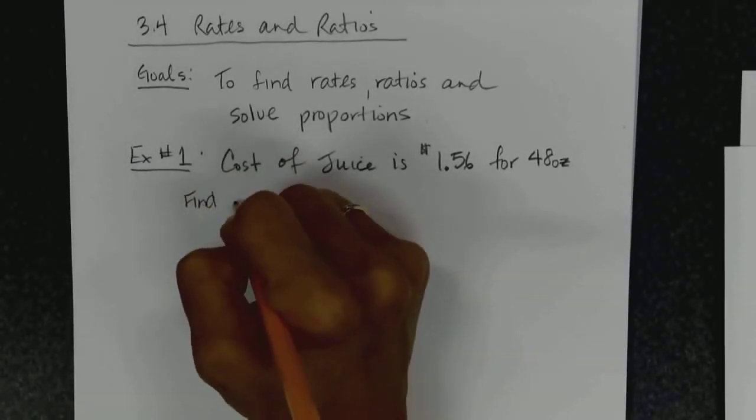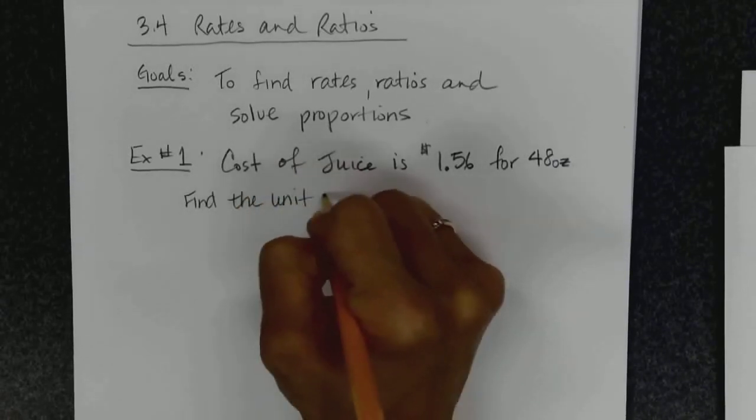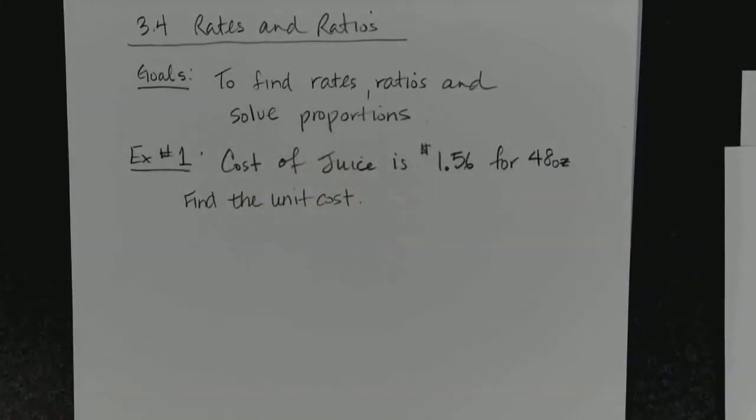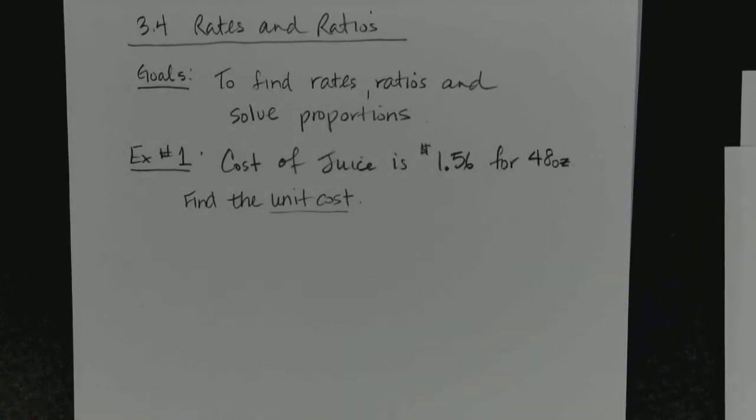I want you to find the unit cost. So what's it asking me to do? Find the unit cost. How do I find the unit cost? Let's go back to our vocab and see what unit cost means. Go ahead, Walker.